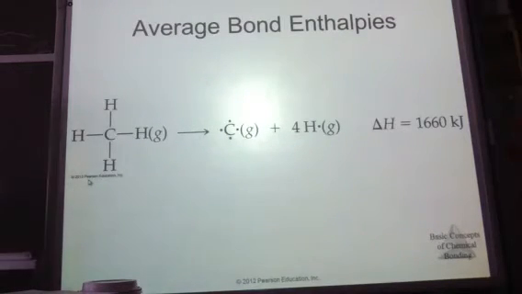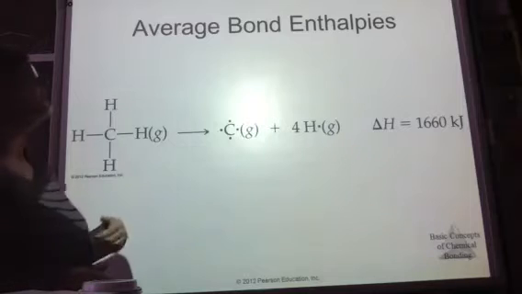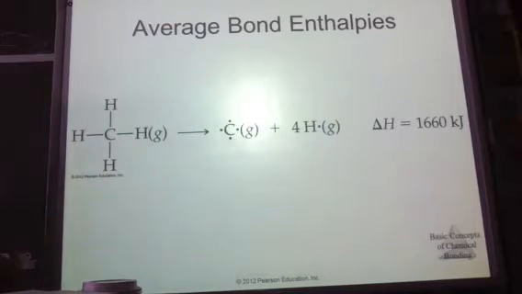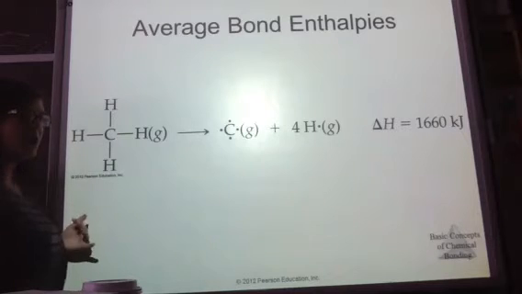Okay, so in terms of our table with all of the bond enthalpies that we can find, they're average bond enthalpies, meaning that in this case we have methane. And if I wanted to think about breaking apart methane, I want to break all of the bonds in methane.